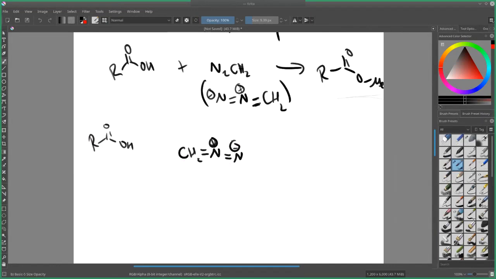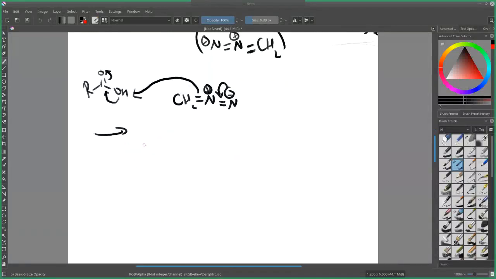And this minus charge is going to want to form a triple bond. So that's going to kick these electrons over to here, and you're going to pick up that hydrogen, right? And these electrons in this bond are going to move around and they'll go somewhere. Let's just say that they move up to here, okay?